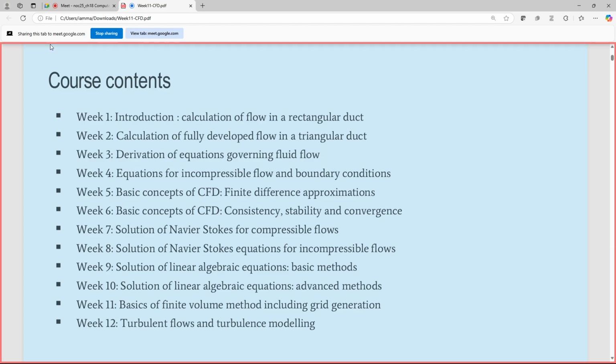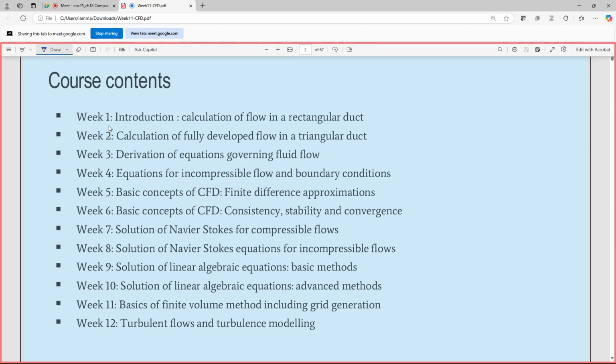We are currently looking at the course content for week 11. In the course, the professor is discussing the finite volume method and also the basics of grid generation. And we know the importance of grid generation in the CFD method.